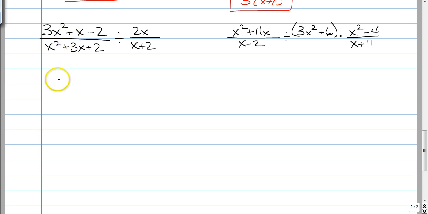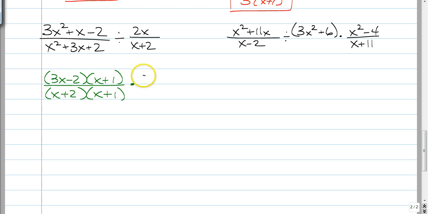So you would factor the top left using Batman or guess and check or splitting the middle term, whatever you prefer. You're going to have your 3x minus 2 and your x plus 1 for the top left. And then you're going to factor the bottom, what multiplies to 2 but adds to 3. You're going to have an x plus 2 and your x plus 1. Now you're going to write multiplication, and you're going to flip that second fraction.